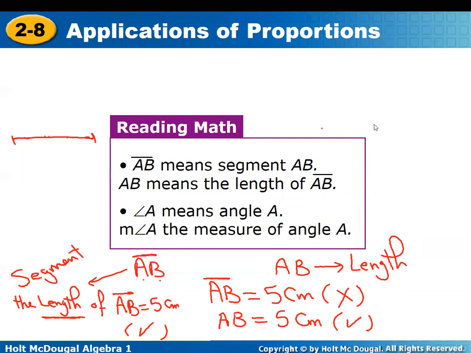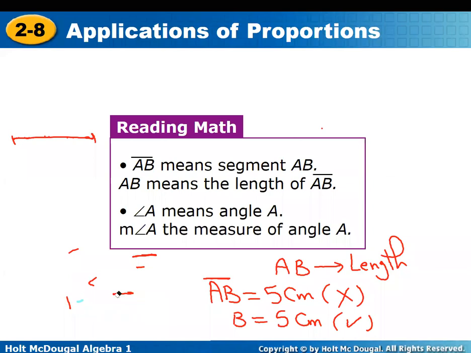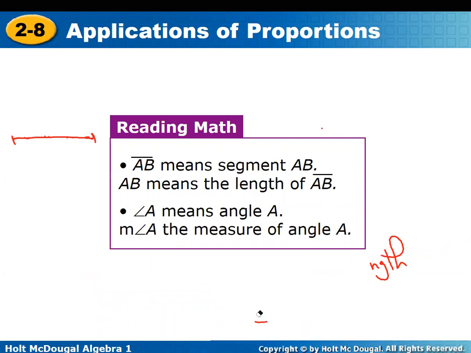Then we also want to talk about angles. What is the difference between the two expressions? If you put only this sign, angle A, I'm talking about only the angle.